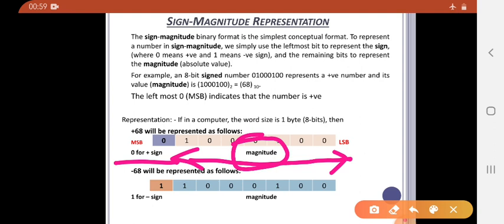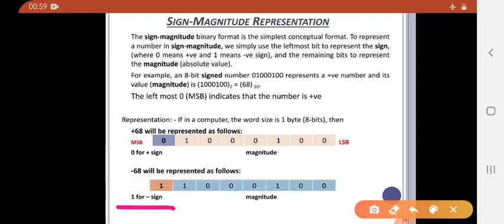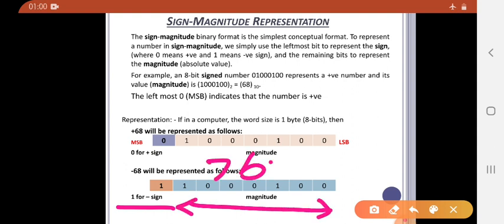For negative, there should be 1 in place of 0, and you can see here also the number is -68, and here 1 is used for the negative sign, and the remaining 7 bits are used to represent magnitude. So this is the way to represent any data in sign magnitude representation.